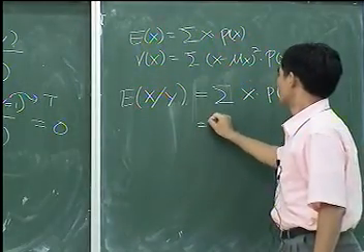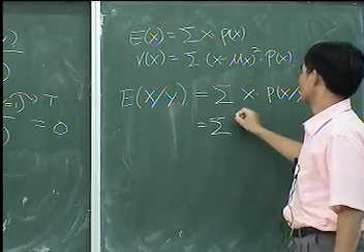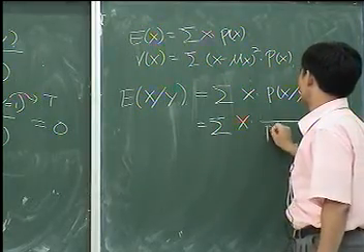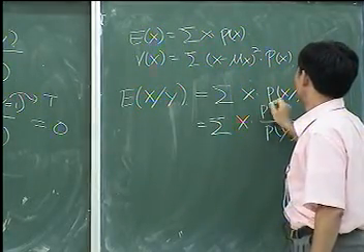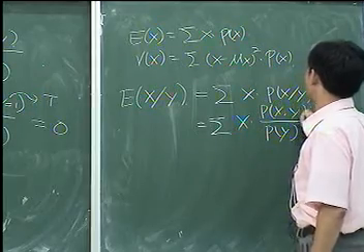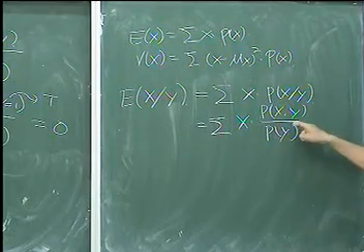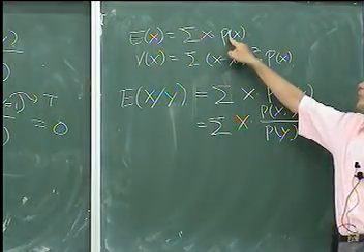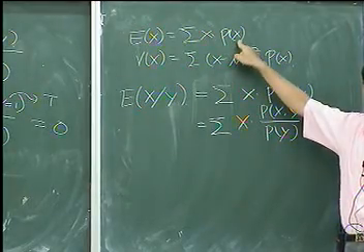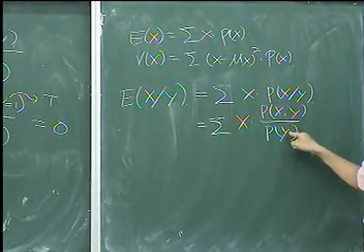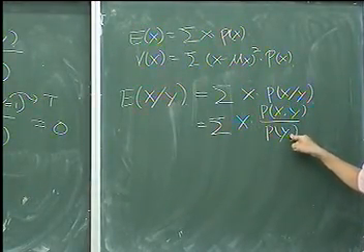It will be summation x times pxy over py. So basically it's the same thing. But of course, here you use probability of x, but here you use conditional probability.